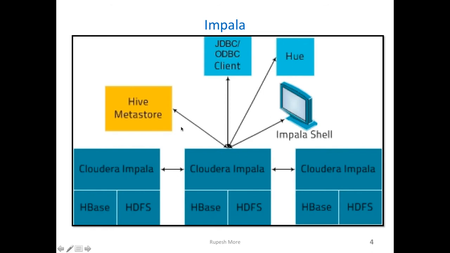Then the Hive metastore, which stores information about the data available to Impala. Then the Impala process, which runs on the data nodes, coordinates and executes the queries. Then HBase and HDFS, which is the storage for the data to be queried.